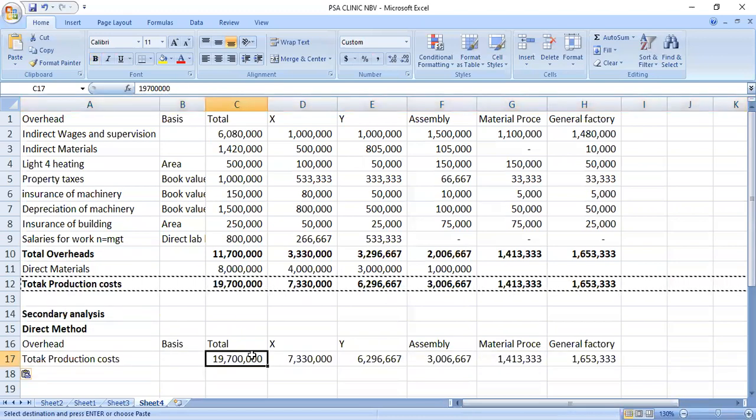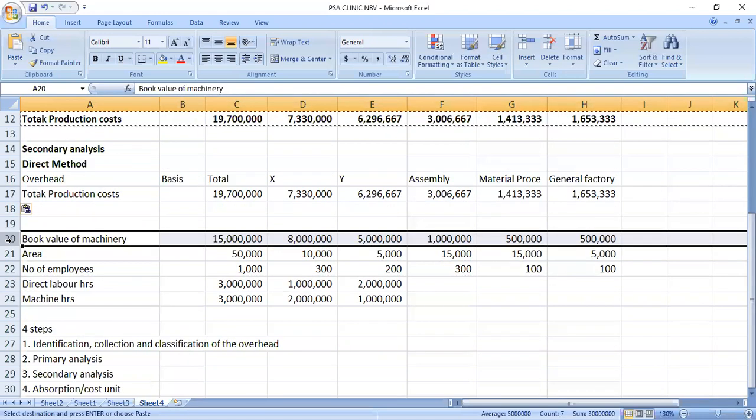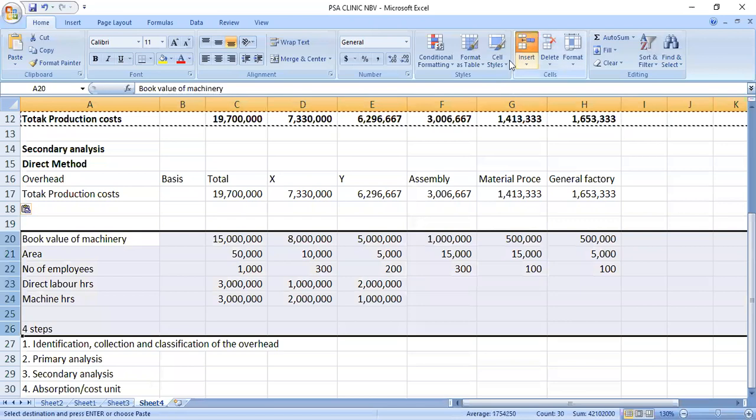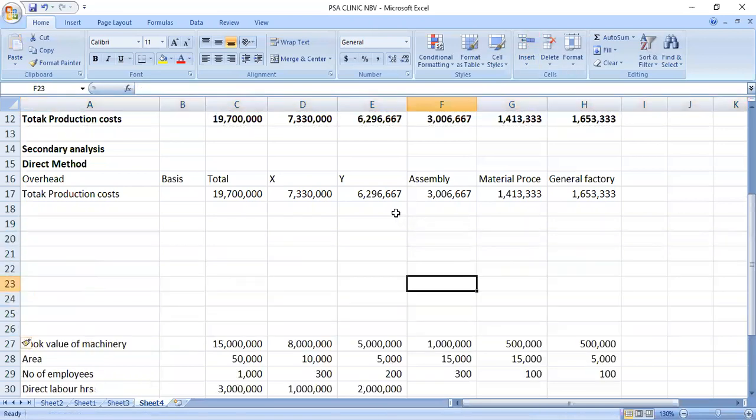So for direct, we all know that you just move everything to where it belongs. So always, of course, we move with the biggest first. So our general factory is the biggest. So we're saying move this one first.